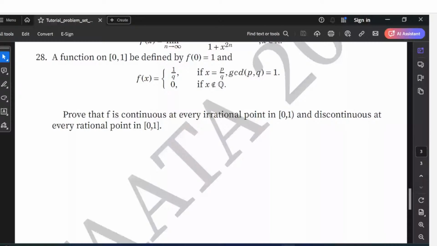You have to prove that f is continuous at every irrational point and discontinuous at every rational point. Okay, first of all, show that it is discontinuous at every rational point.